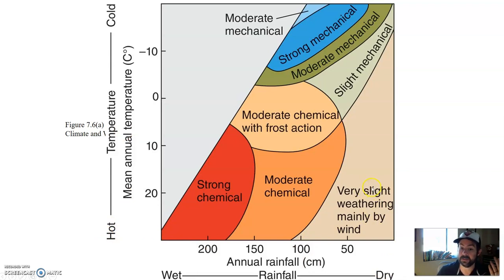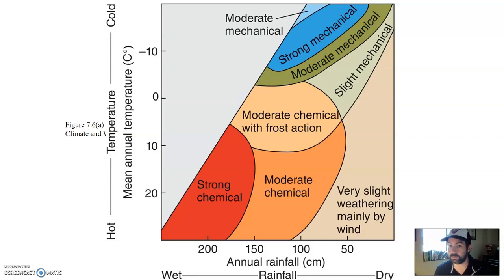So for instance, in Phoenix, there's very slight weathering that occurs, and if it does, it's mainly by wind. Sometimes wind will carry small pieces of sediment and act kind of like an abrasive. But for the most part, you look around here, a lot of the peaks that surround us are still very sharp and jagged. Weathering doesn't happen here.